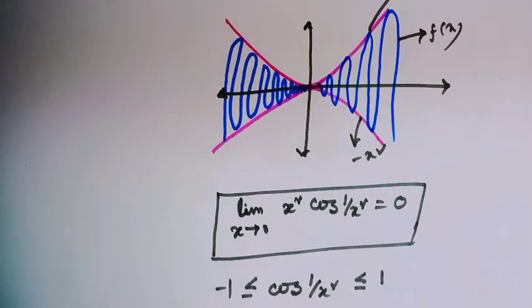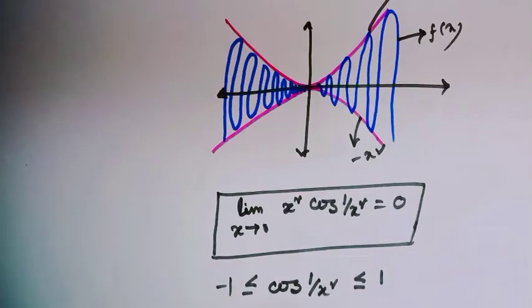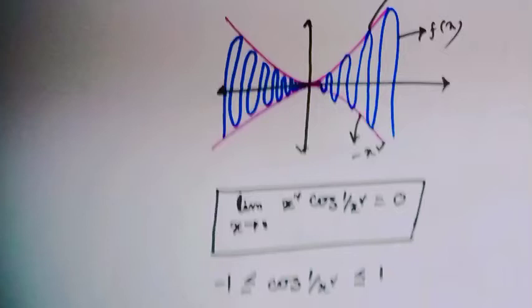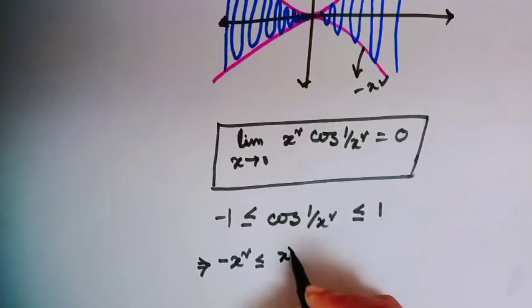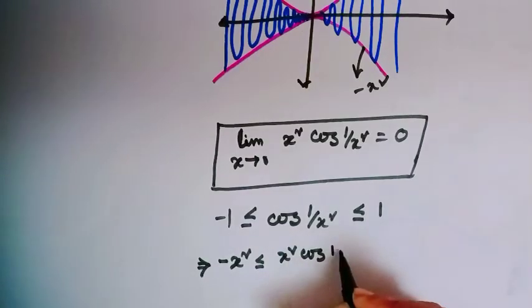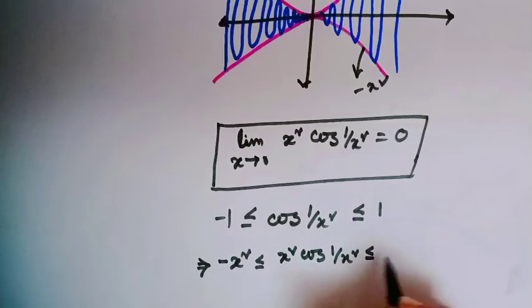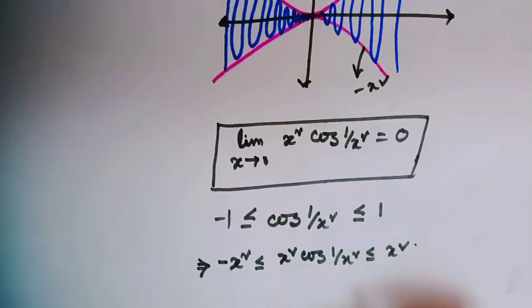If we multiply by x squared on both sides, then I will get minus x squared less than or equal to x squared cos(1/x squared) less than or equal to x squared. Are you getting my point?